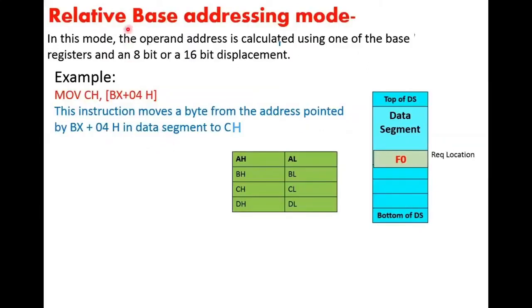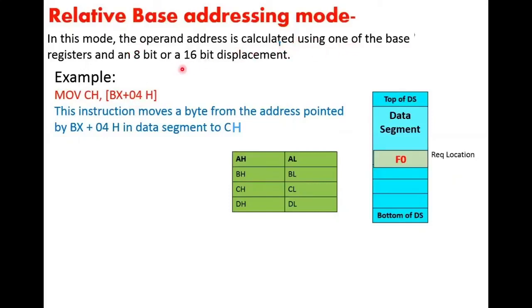Next one is relative based addressing mode. Memory based addressing mode we discussed. Now relative based, whenever relative comes, displacement will be there inside the square bracket. Displacement means distance values they will give like this. See here, an 8-bit displacement they have given, 04.